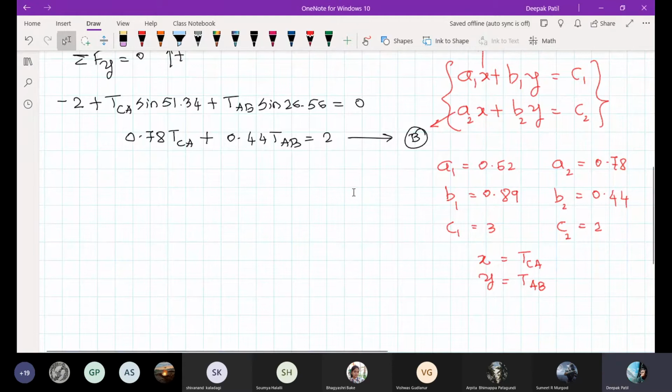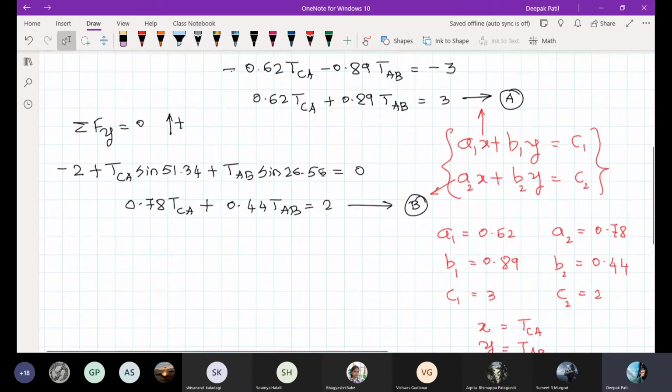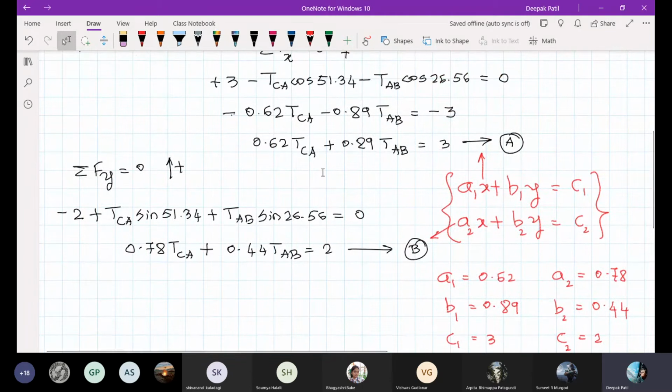Okay, I'm unable to get that. No issues. After this class, I will give you a video on how to use a scientific calculator to solve the simultaneous equations. I will solve this here for now, and after this class, I will give you the video of how I have solved that. Okay, so let me solve this.